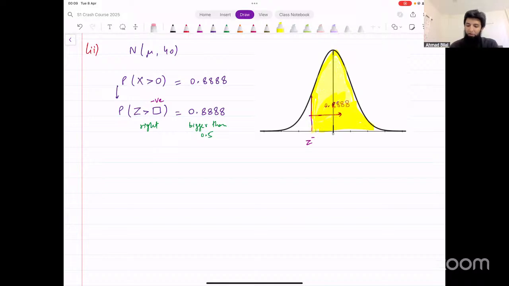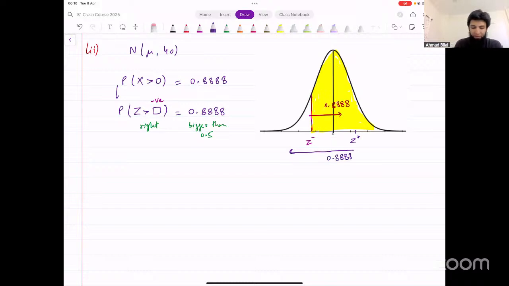How do we convert it to standard form? Let's flip it. If the area to the right of the negative Z value is 0.8888, then the area to the left of the positive Z value, if we flip this, should also be 0.8888.